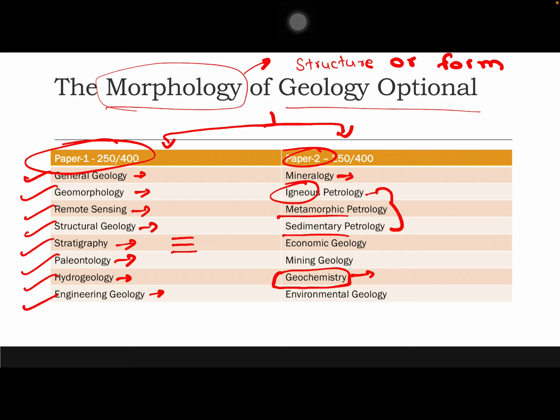Next is the application part, whereby we study economic geology, which includes economic deposits, how different deposits are formed, in what manner they occur, and mining geology, which deals with how we can mine them out. Lastly, we have environmental geology, which deals with environmental aspects of geology such as disaster management and the environmental implications of different activities, etc.